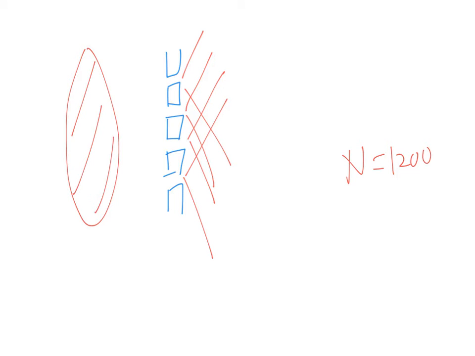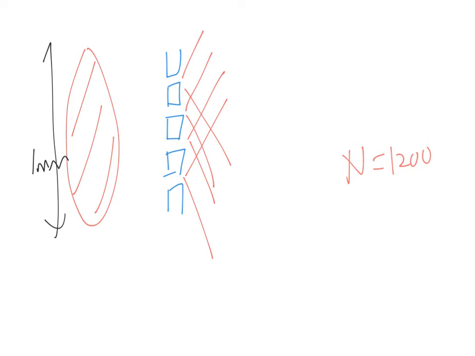So what you will have is interference between all the light sources here. Imagine now our capital N is 1,200 lines per millimeter, and the size of your laser beam is 1 mm in diameter. Wouldn't it pass through 1,200 lines?